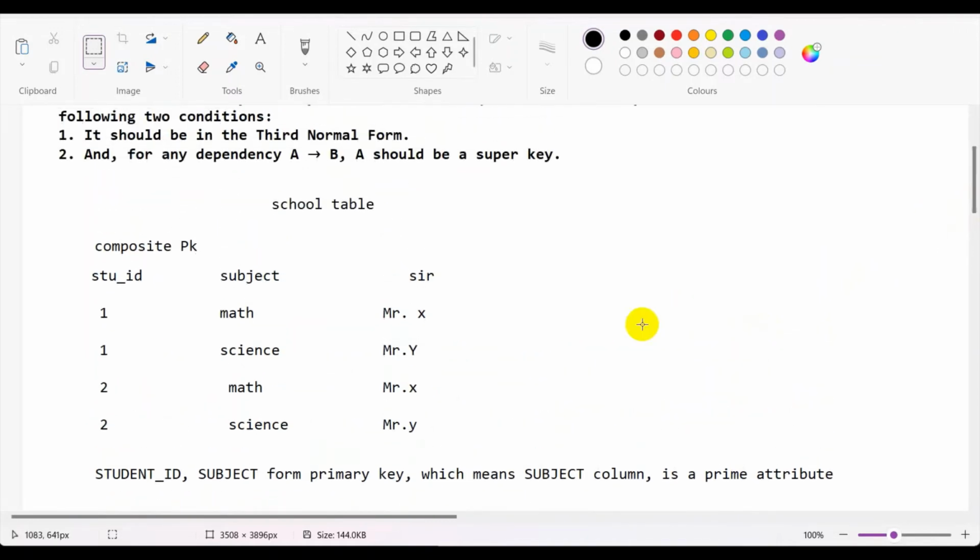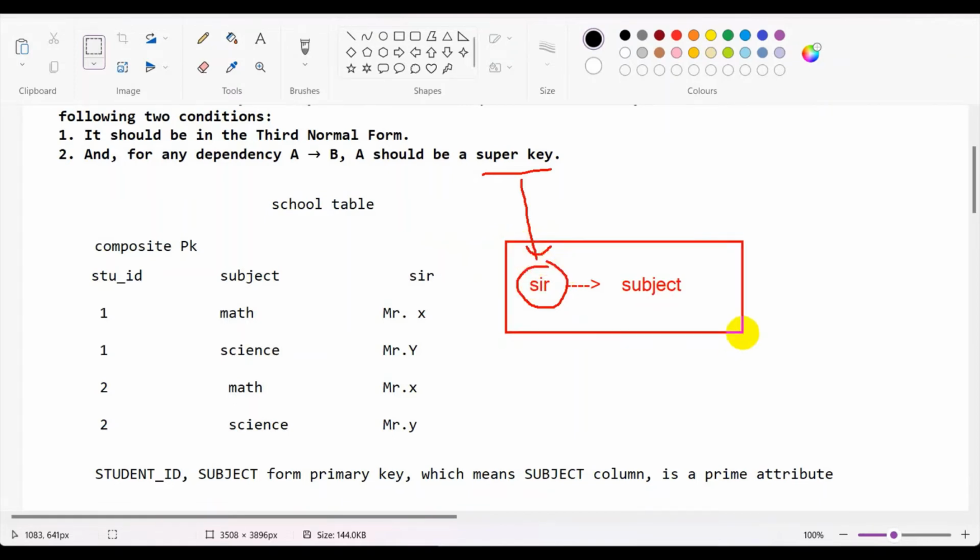Here you can see that sir depends on the subject, but sir is not a super key. Sir is not a super key, which is violating the rule of BCNF. Why is sir not a super key?